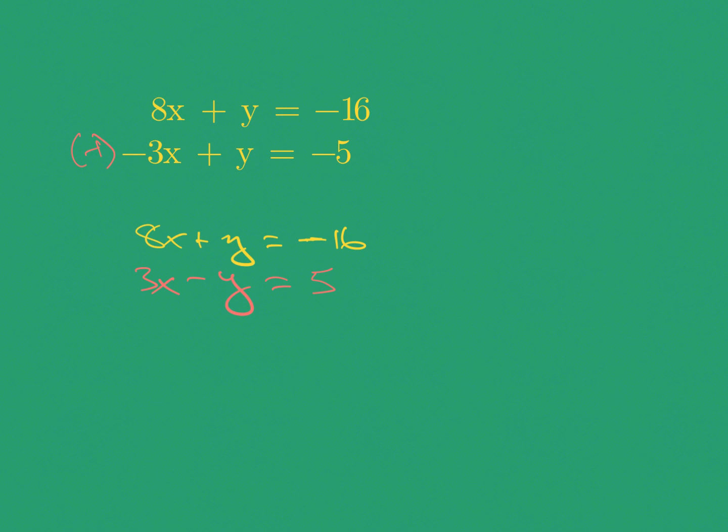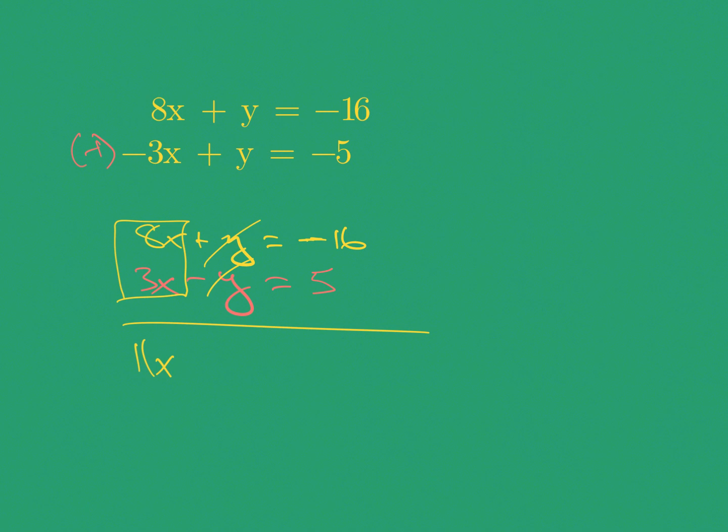So now watch this. Draw your line. What's 8x plus 3x? 11x. What is positive y minus 1y? That's right, gone. That's what we wanted.